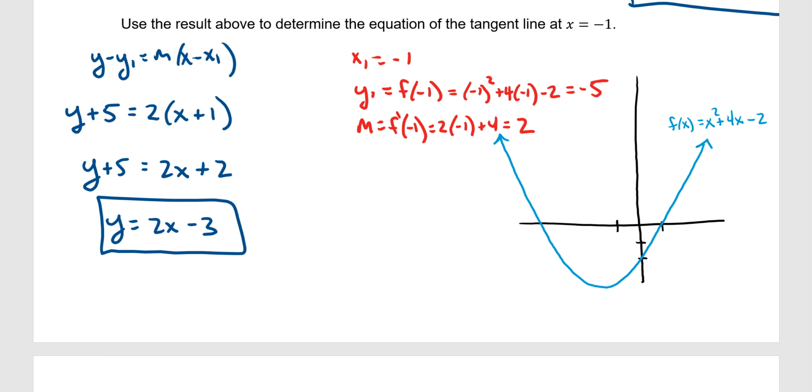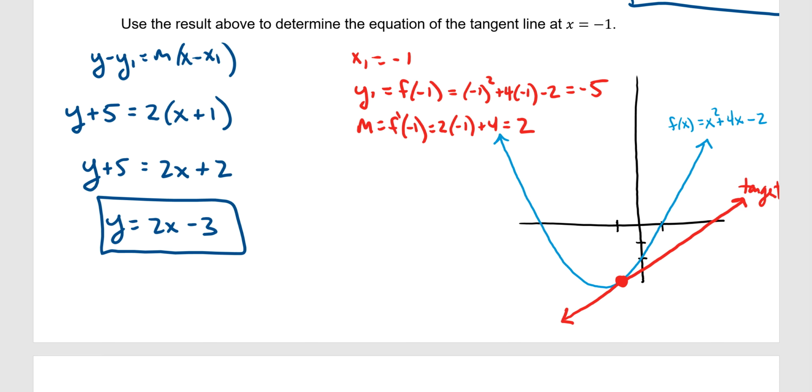So here's our graph. Here's our original function. I did a real rough sketch, but it's decently accurate, I guess. Here's our original quadratic function. And we wanted to figure out at x equals -1, which was right down here, what is the equation of the tangent line. So it looks like the tangent line might look something like this, right? Obviously not perfect. This is the tangent line at x equals -1.